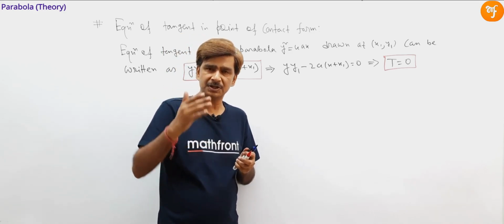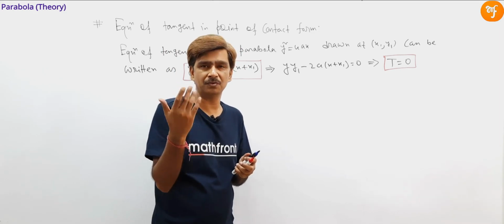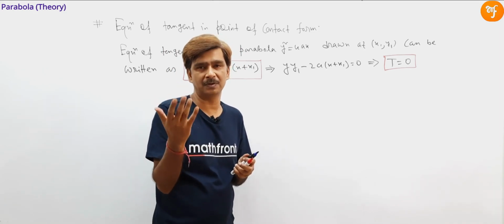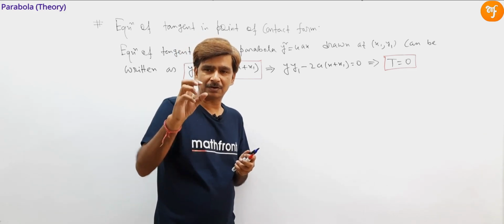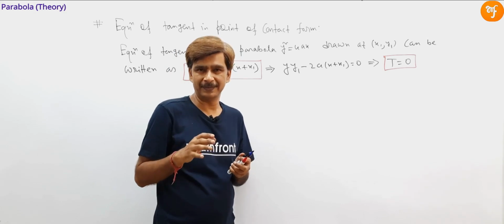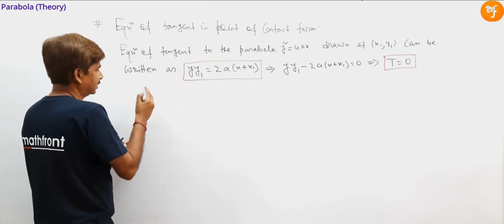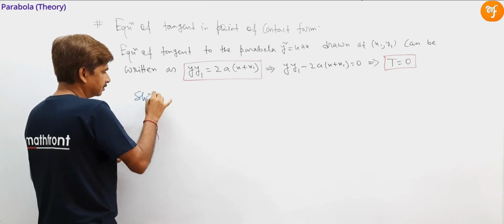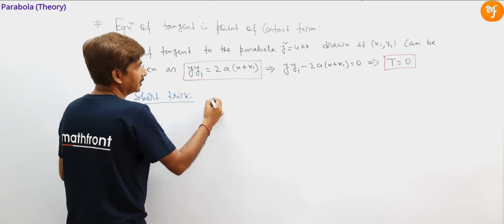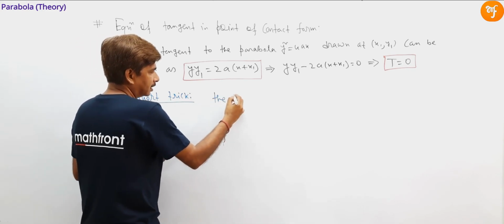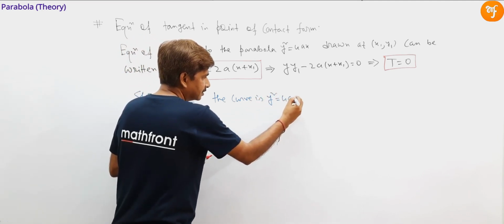You just see the trick we already previously discussed, that to find the equation of tangent in point of contact form, we substitute x square by x into x1, y square by y into y1, x by x plus x1 by 2, y by y plus y1 by 2, and we keep the constant the same. So here also the short trick is: the curve is y square is equal to 4x.